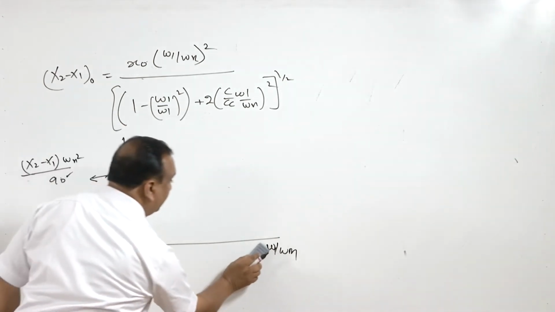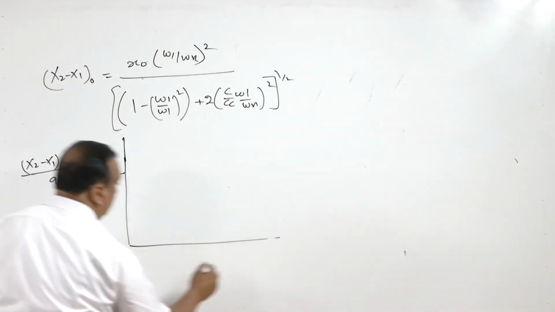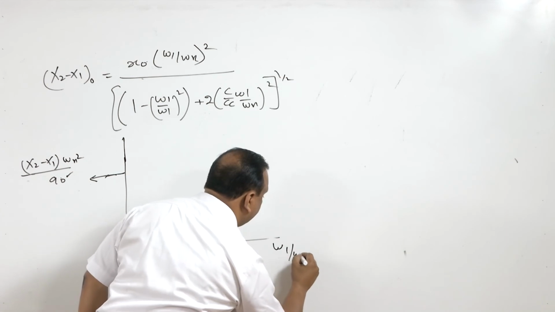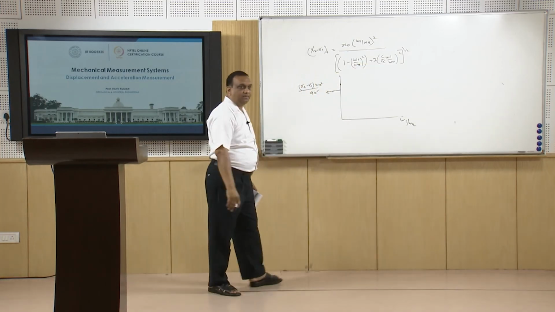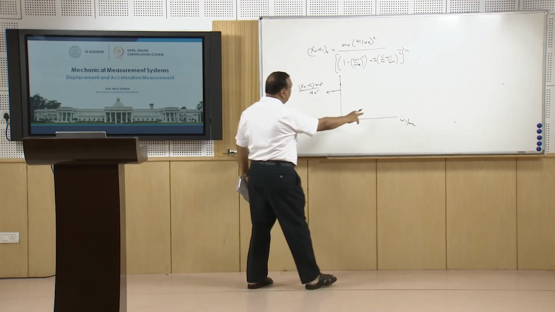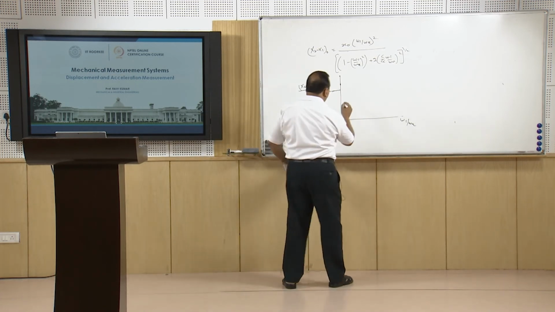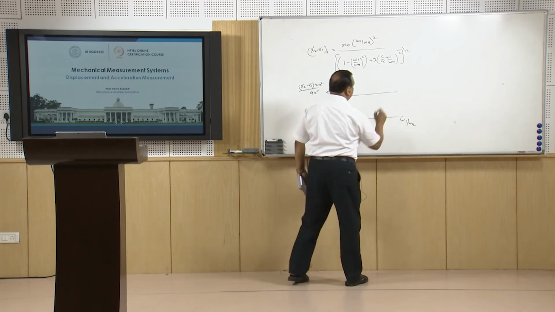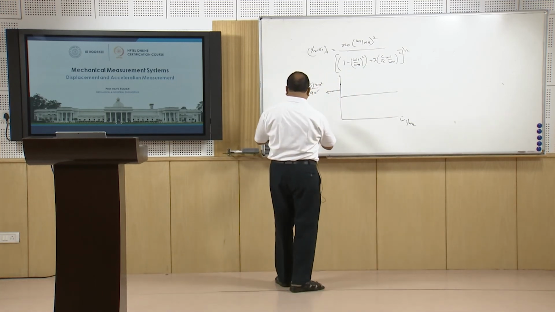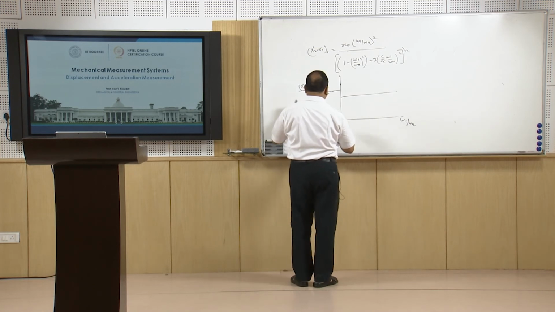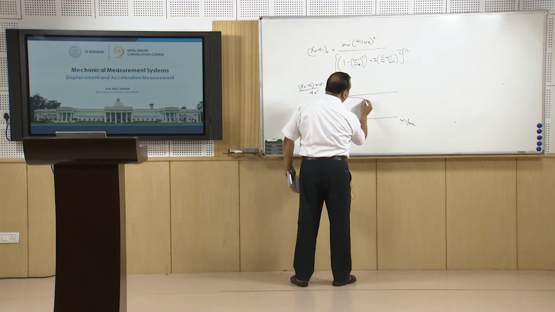This is omega 1 by omega n. And if we draw a curve for this for different values of C by Cc, when C by Cc is 1, the curve is like this.